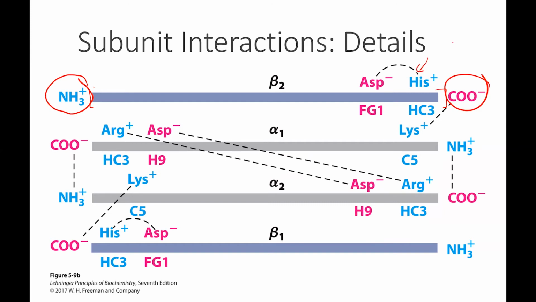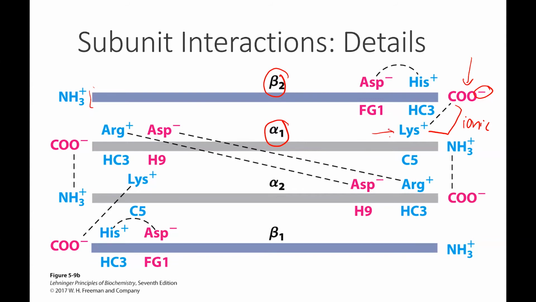And here, all of this diagramming is just showing you different types of tertiary interactions that are occurring either within a chain or between chains that are holding the chain together. So, for example, you can see that this beta 2 chain and this alpha 1 chain have some type of ionic interaction between the carboxyl end that's negatively charged and this lysine group that is positively charged.